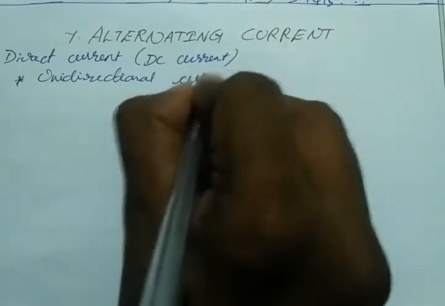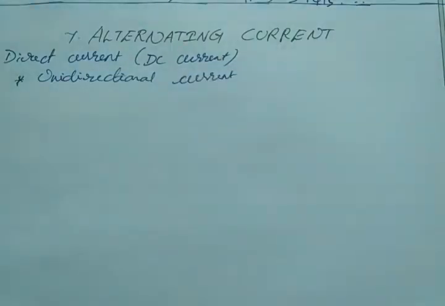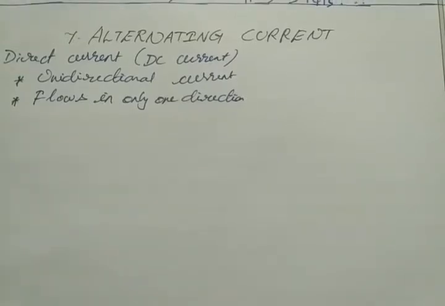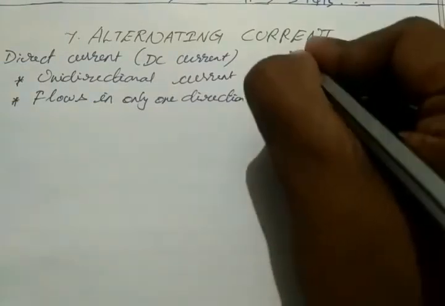Why? Because it flows in only one direction. If we draw a graph for this DC current, it looks somewhat like this.